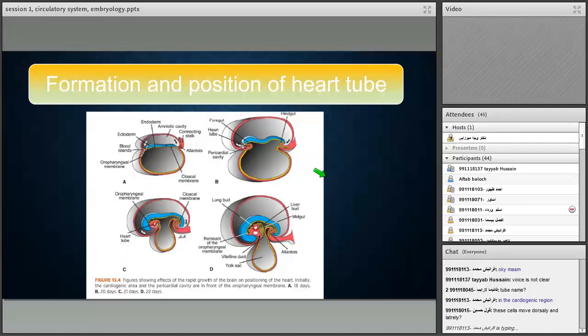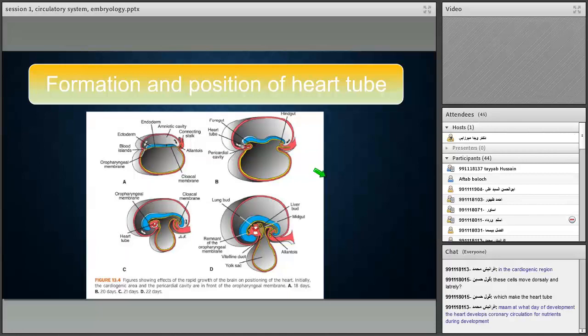Dorsally and laterally, no. The cells which are making the heart tube, I said they are migrating to the cranial side, to the rostral side compared to the oropharyngeal membrane.